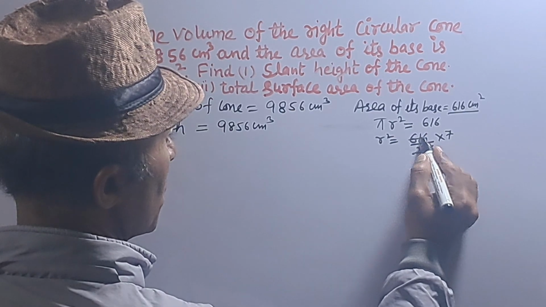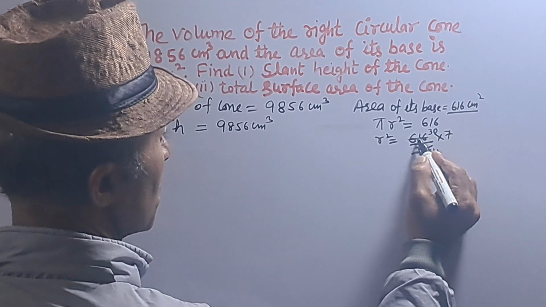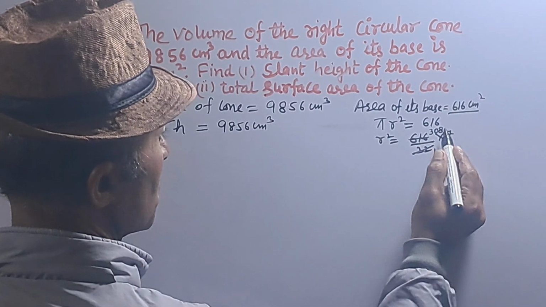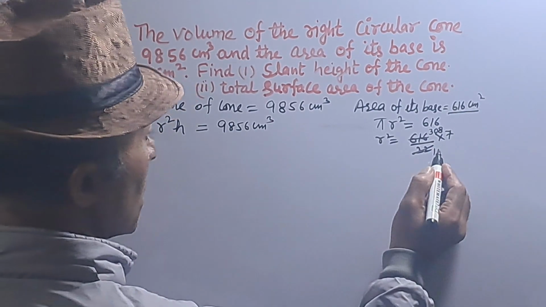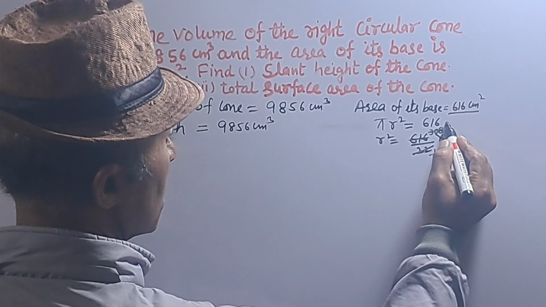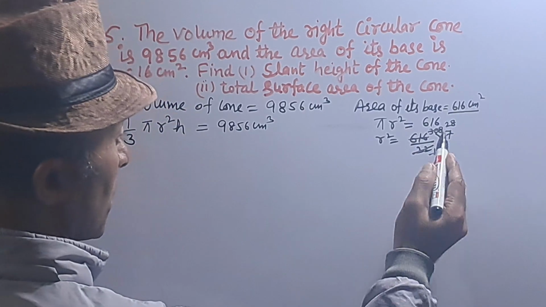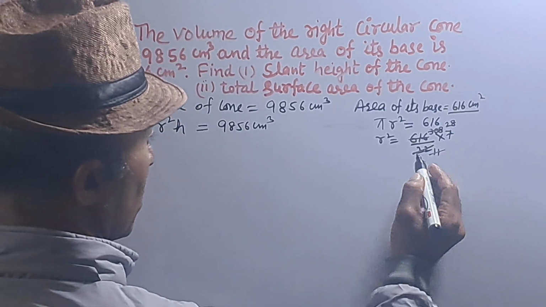11 2s are 22, and 3 2s are 6, 8 2s are 16. 11 2s are 22. 11 8s are 88.